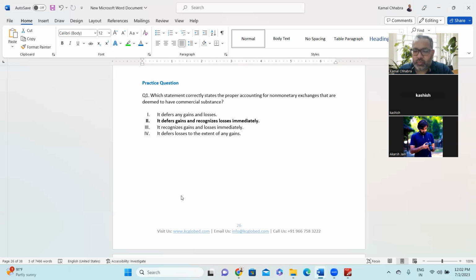Right? So here, in case of exchange, the party who is in loss has to book the losses, but the party who is in gain can defer the gain up to the actual realization of the gain or loss. Okay. Make sense? ठीक है.